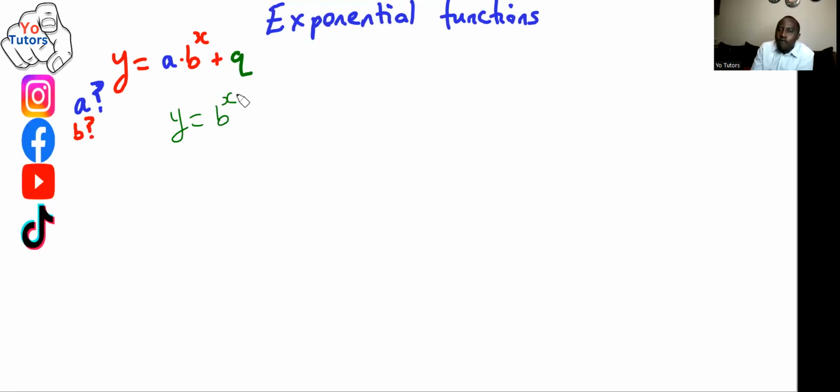If we look for the y-intercept, that is when x is equal to 0. Whatever the value of b is, it's going to be 1, because anything to the power of 0 is 1. Let's say p to the power of 0 equals 1.